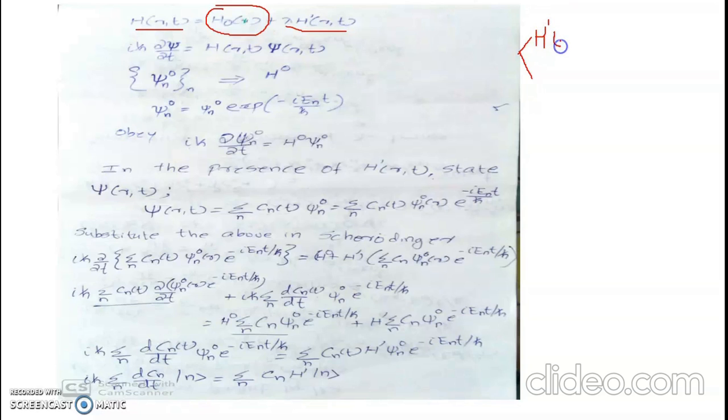So H prime, if you are looking into the explicit mathematical dependence of the function over time, is found to be independent of time. But this perturbed part of the Hamiltonian, which is constant in time, acts for a definite interval of time or a definite duration of time, say from 0 to t. So for this duration of time, this constant perturbation acts, and this creates a time-dependent Hamiltonian because it lasts for a definite duration of time.